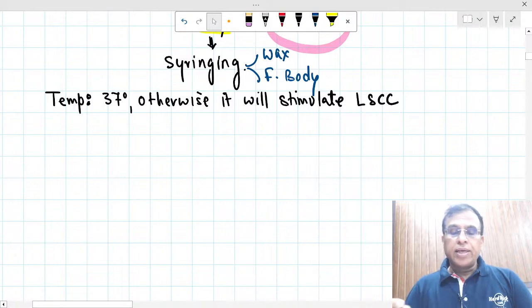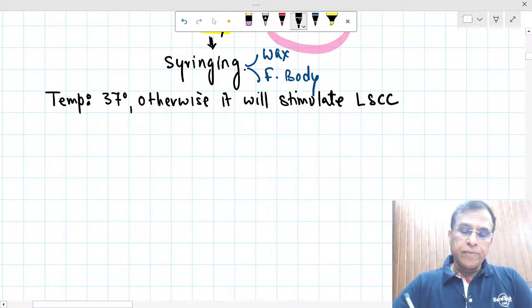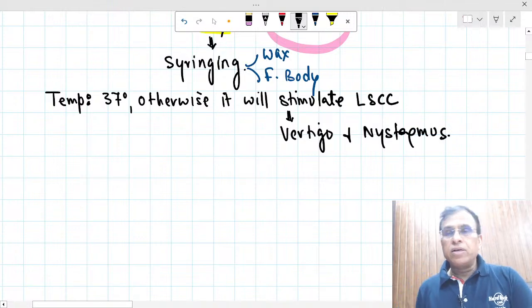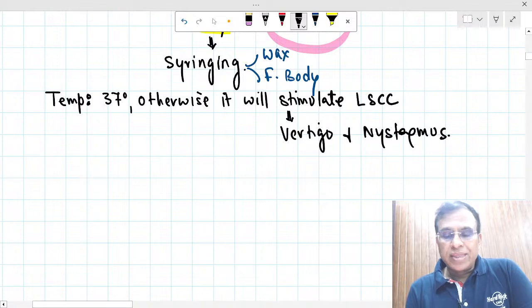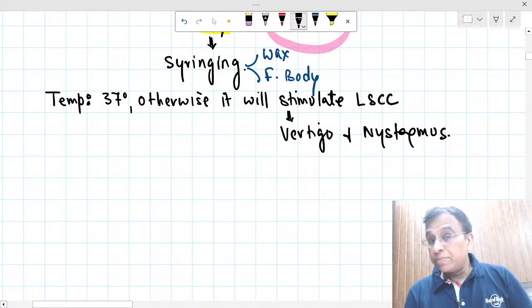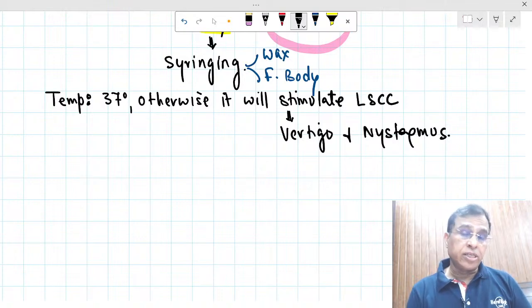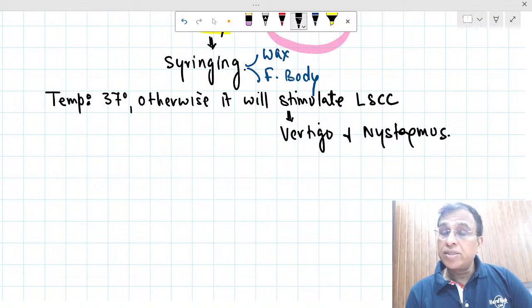And if the lateral canal gets stimulated, the person begins to have vertigo and nystagmus. And I'm sure you know that vertigo is never a good experience. That's why I say that a simple thing like differentiating the temperature can give a very bad experience while doing a very simple procedure of syringing. So you have to be mindful of these things.